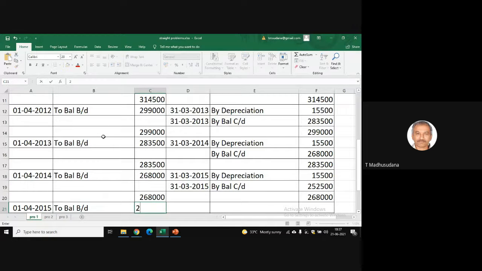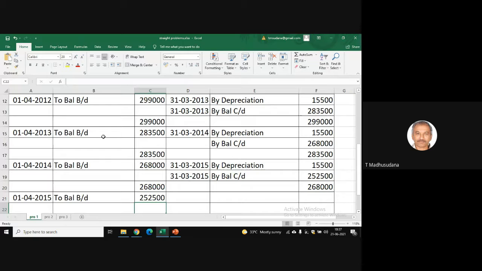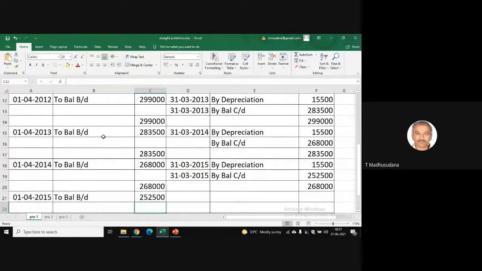How much? 2,52,500. Okay. So 5 years completed. So in this way, you have to prepare the asset account.